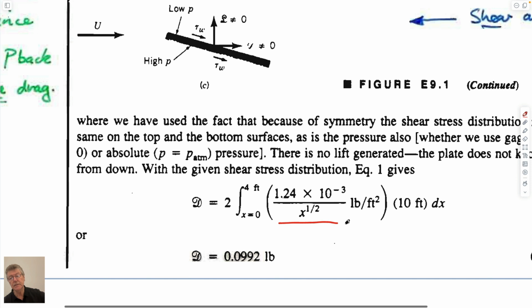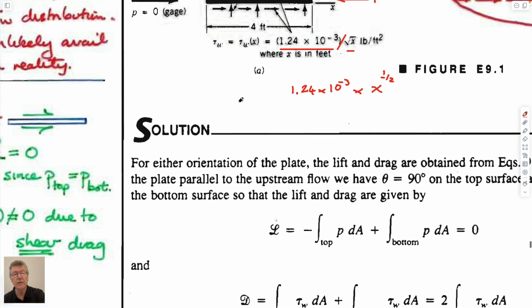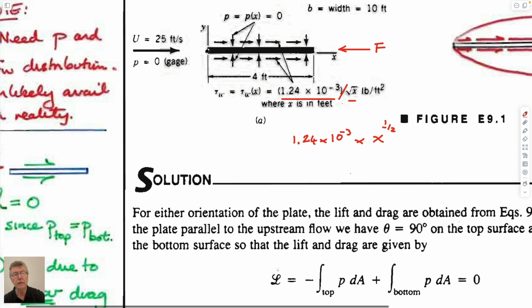This is tau w. It's integrated along the length of the plate. It's 4 feet long. So this would be x equals 0. This would be x equals 4 feet.